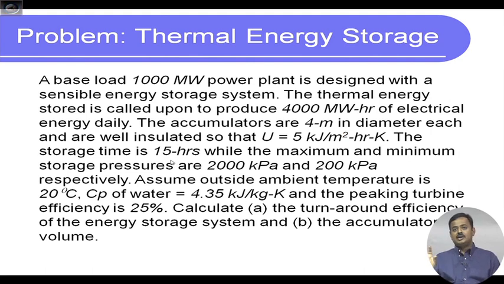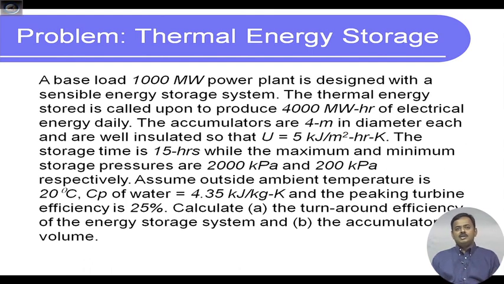So, use the turnaround efficiency formula, where you first calculate the time constant, rho C V over h A. For a cylindrical accumulator, the volume is pi d squared over 4 times the length, and the outer area is pi d times the length. We use this to get the time constant, put it in that equation, and get the turnaround efficiency.